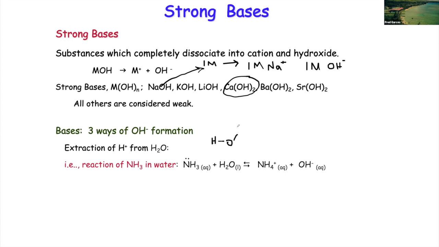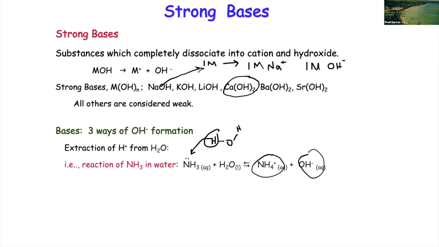It's going to give up its hydrogen and break that bond right there, because water is sort of acidic, and the nitrogen is going to latch on to form NH4 plus and hydroxide. So that's where you get your hydroxide to make the solution basic. When you have more hydroxide in your solution than hydrogen ions or hydronium, then the solution is basic.